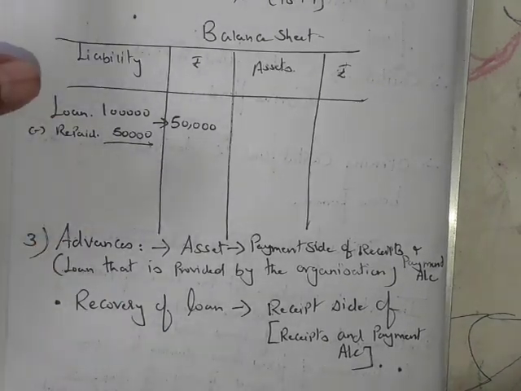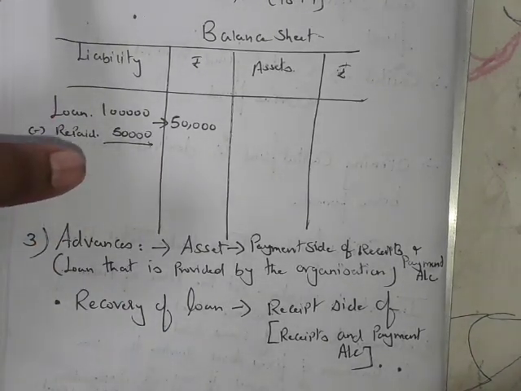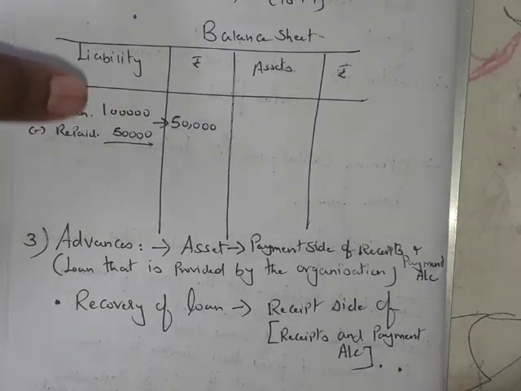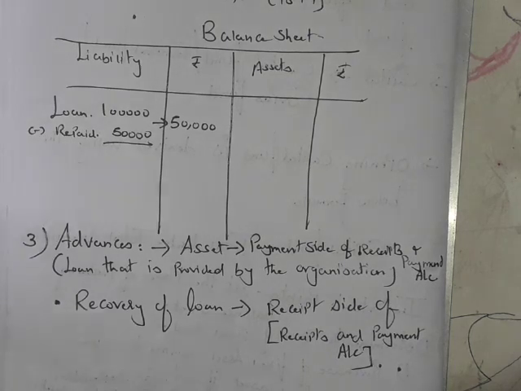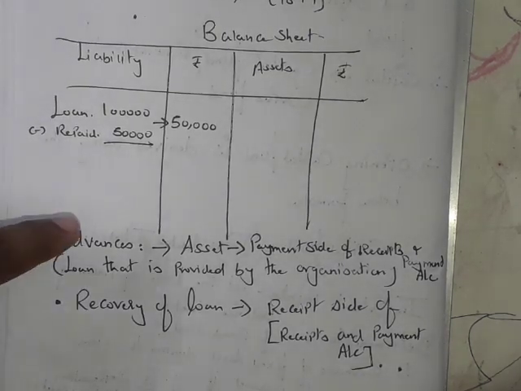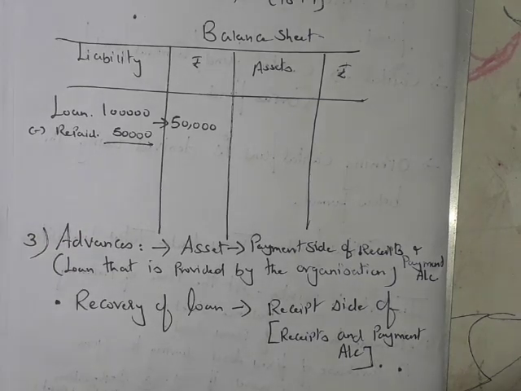In the loans concept, we have seen something called repayment of loan. That means only when you borrow, you will repay. When you have provided, you will recover. So this is called recovery of your loan.